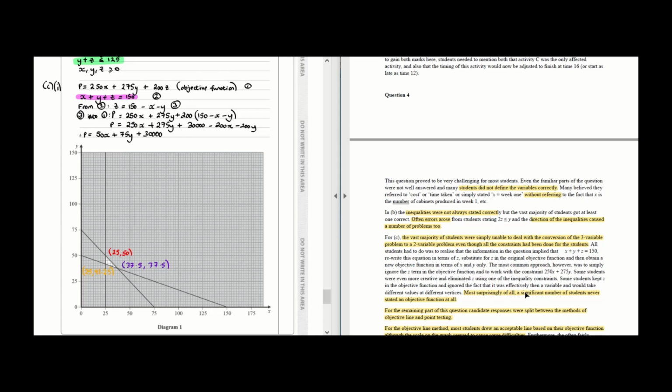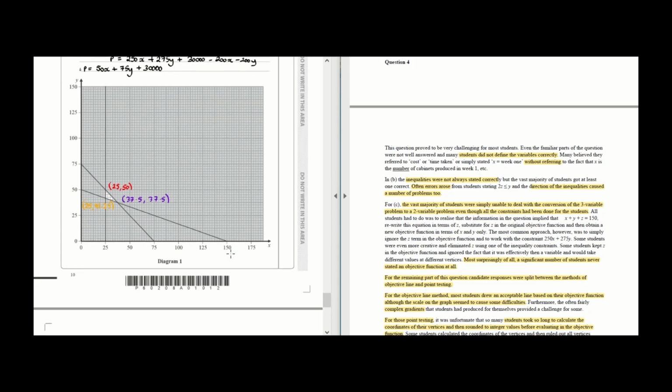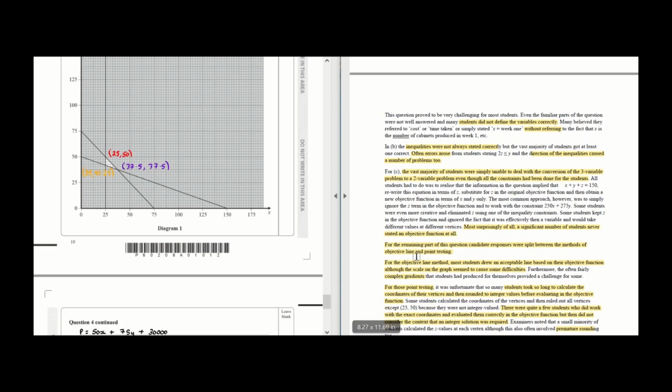Some students did not state the objective function at all, which is very surprising apparently. And for the remaining part of the question, there were 2 ways to do it. The first way was the objective line method, which I did not do. That was just basically drawing the objective line and using the ruler test. Those who did this seem to have problems with their gradients. That's why I tend to not use that method.